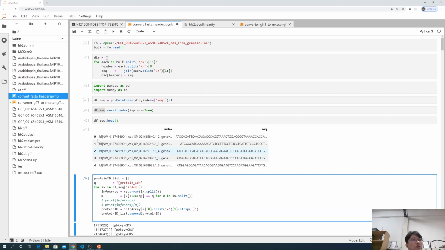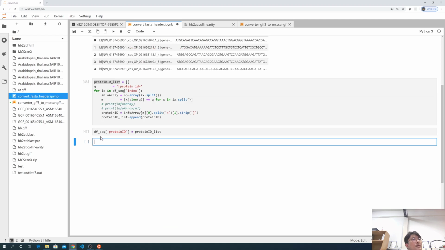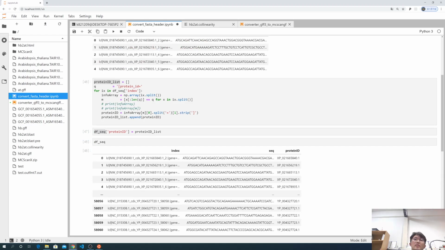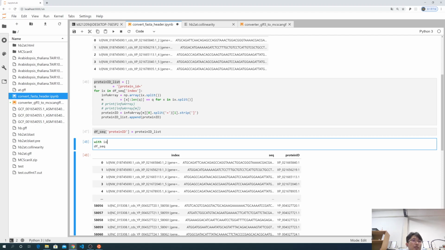Good. And go. Good. No error. Okay. Protein ID equals protein list. Then now we have it. Good. Okay, so let's print it.